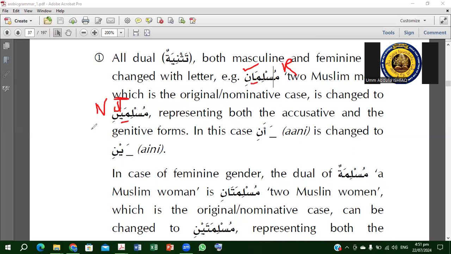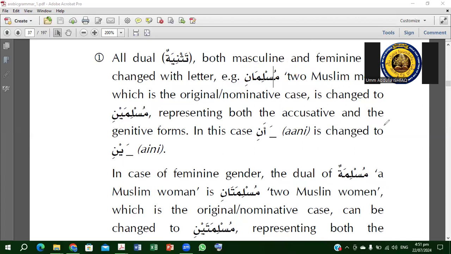Okay, so this is not the last letter haraka, but this is the letter. So in singular and broken plural, we recognize with the last letter haraka, but in dual, we are recognizing through the change of letters. Ani into yanun.